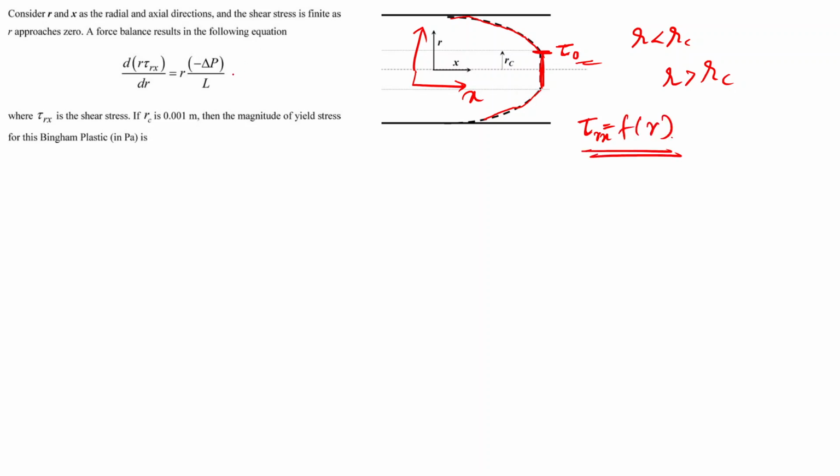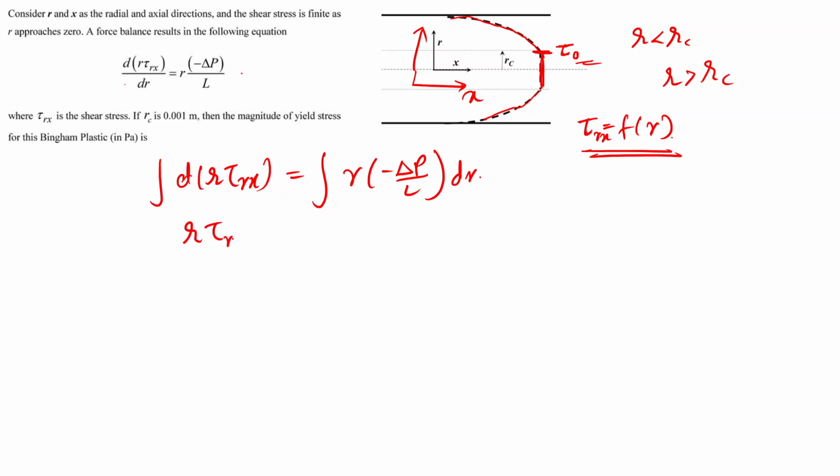So what we will do is we can simply integrate this equation and get the desired relation. To integrate this equation, we can write the integration of d into R into tau Rx is equal to integration of R times minus delta P upon L into dr. If we integrate this, we get R tau Rx is equal to minus delta P upon L, which remains constant, times the integration of R, which is R square by 2, plus some constant.